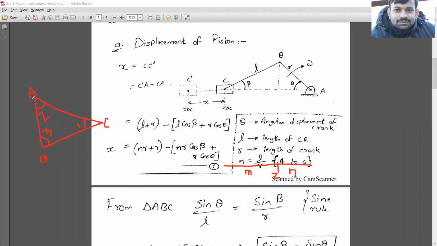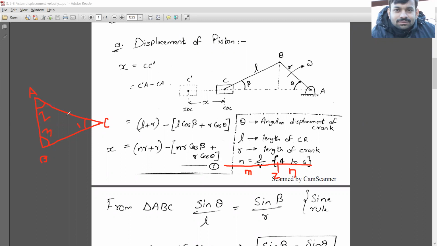That the ratio of the length of a side of a triangle and the sine of the opposite angle are equal.